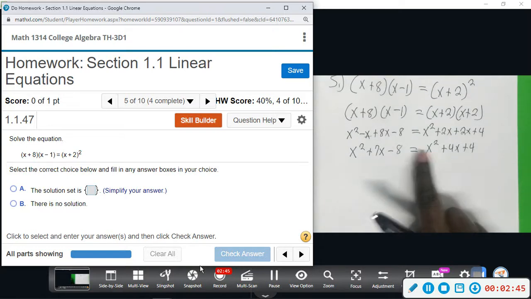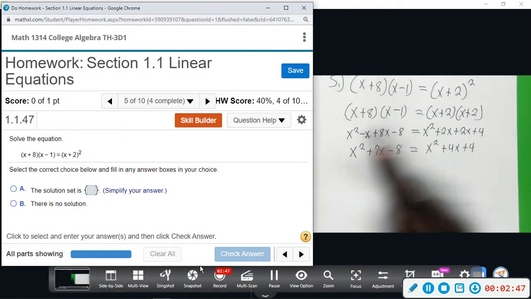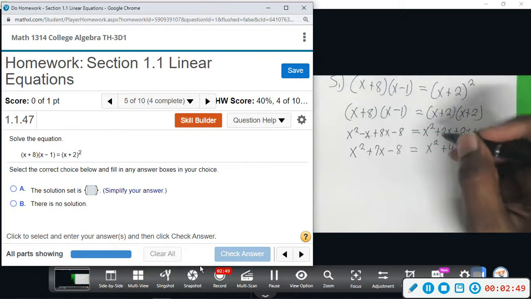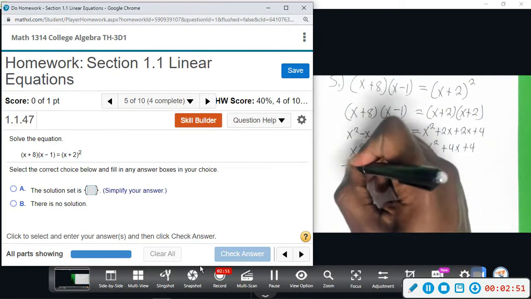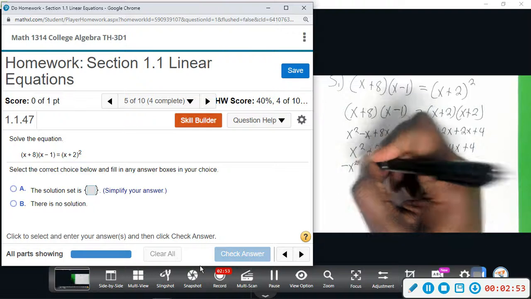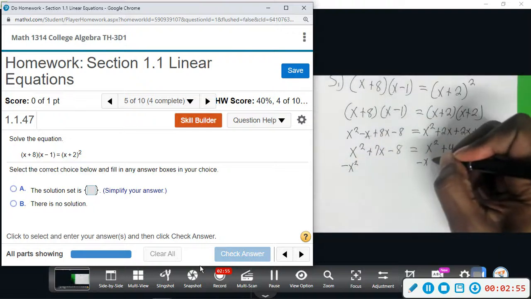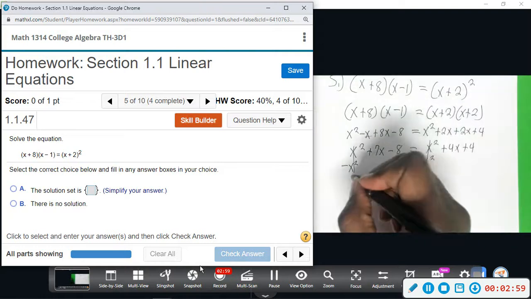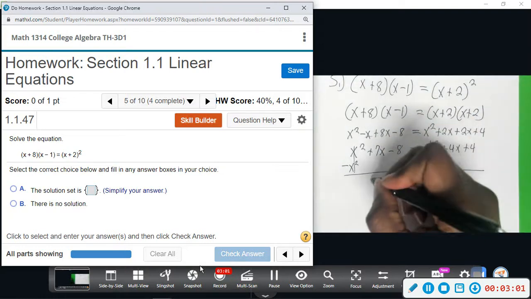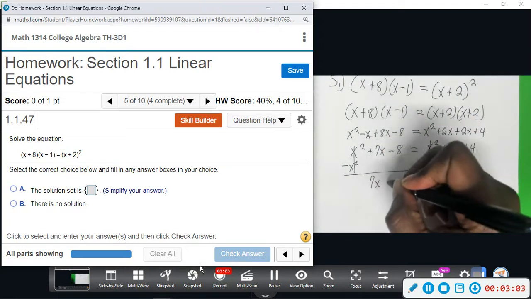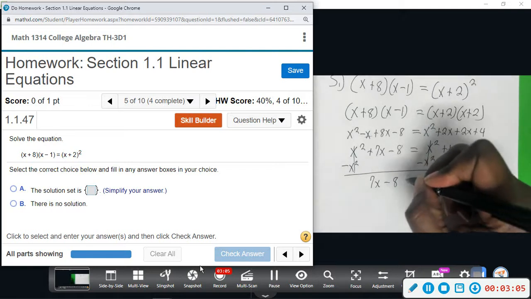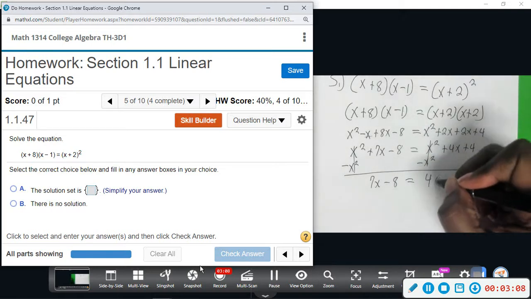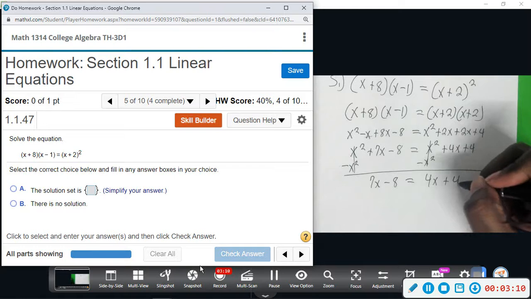So the x squared, there's 1 on each side. They're going to cancel out, but the way that works is you're going to subtract x squared from both sides, and x squared goes to 0. So bring down everything else. 7x minus 8 equals 4x plus 4.